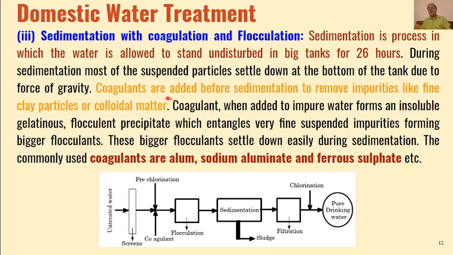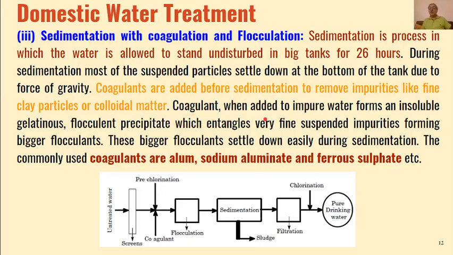Coagulants are also added before sedimentation. These coagulants interact with impurities like fine clay powders or colloidal matter, and these are removed through coagulation. These coagulants and other impurities will sediment and be removed in the form of sludge.